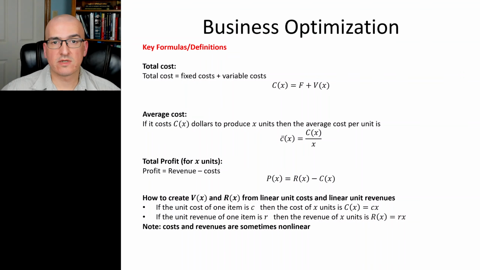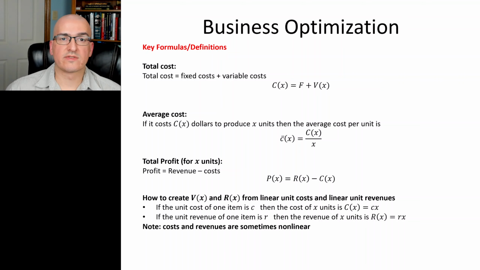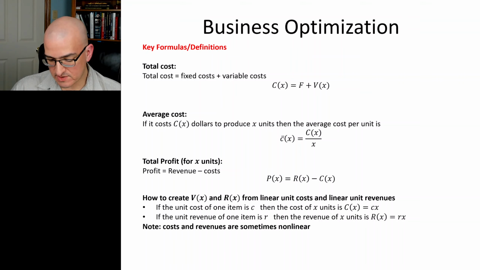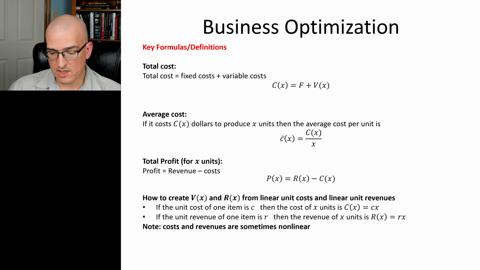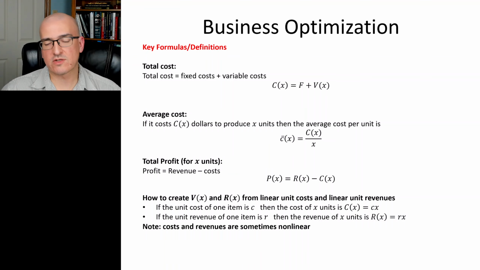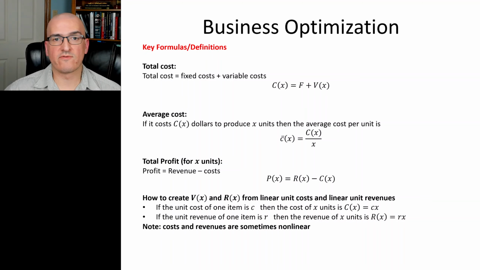One of them is the formula for total cost. Costs for a process or a company or whatever it is are going to be a combination of variable costs, which depend on how much of something you do or make, and fixed costs, which are independent of how many things you make.